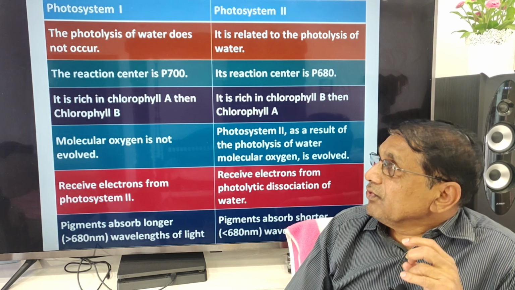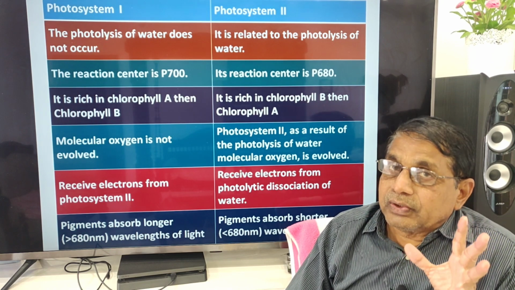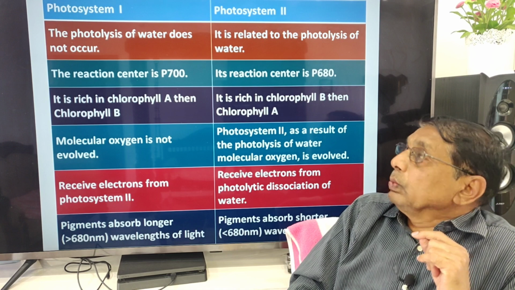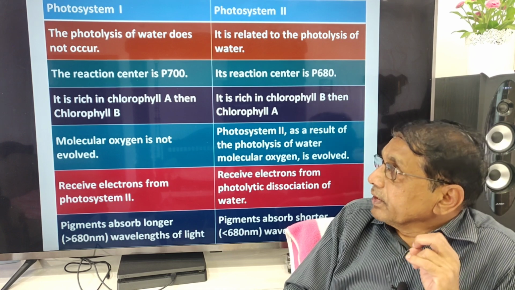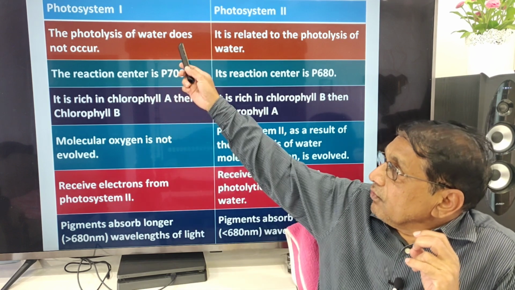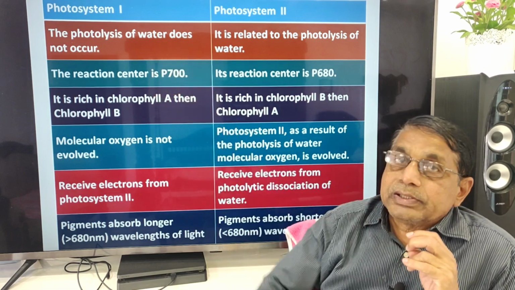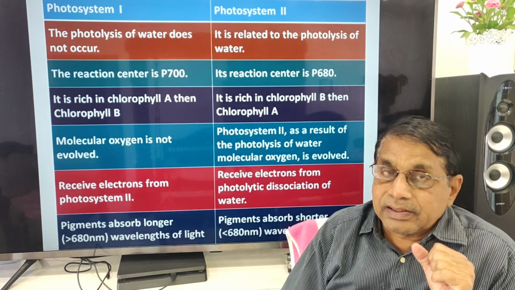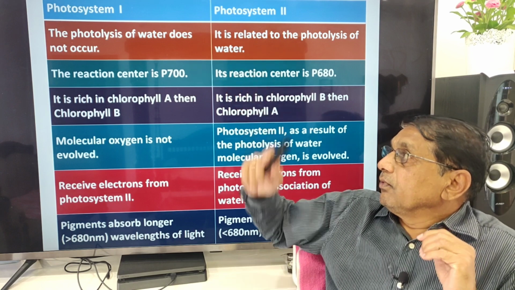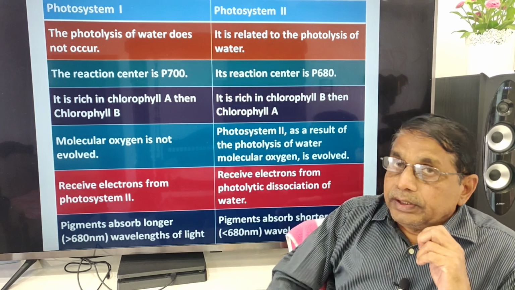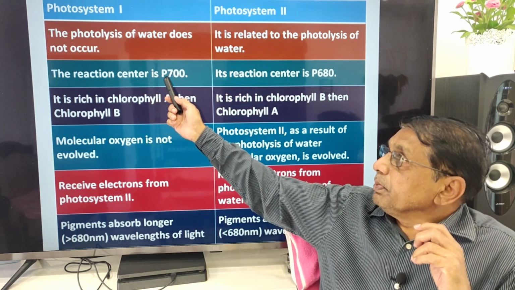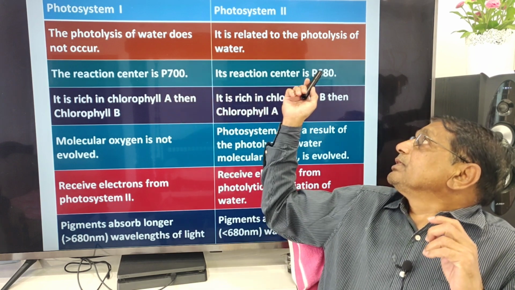Then, two systems are there, photosystem 1 and photosystem 2. What is the difference? In photosystem 1, photolysis of water does not take place, no splitting of water, but in photosystem 2 there is splitting of water. Here the reaction center is P700, here it is P680.